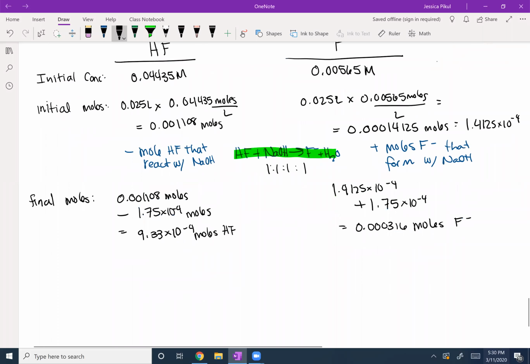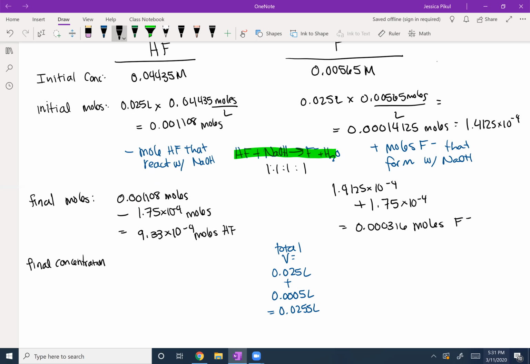Now, from here, we can calculate our final concentration. This is going to depend on the total volume. That's equal to the initial amount of our hydrofluoric acid and fluoride solution, which was 25 milliliters, or 0.025 liters, plus the sodium hydroxide solution that was added, which was 0.0005 liters, for a total of 0.0255 liters.